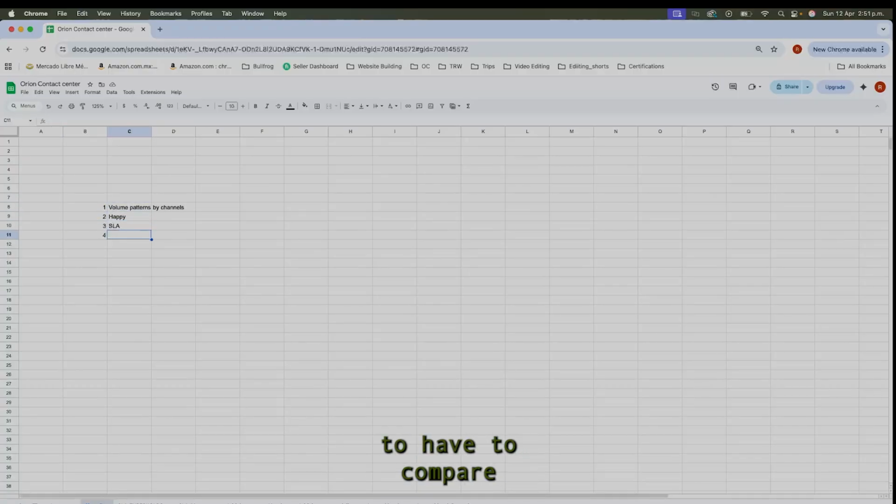So basically, we are gonna have to compare different data, like how many people we have scheduled or staffed when the WhatsApp channel starts spiking up in volume, and if the agents are being productive or not, if we have agents that are not handling as much volume as others, etc. So we gotta analyze volume versus agent productivity, SLA, if the customer is happy, volume per channel.